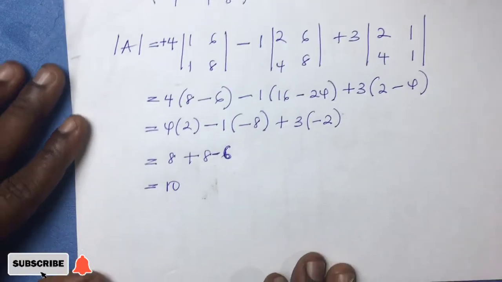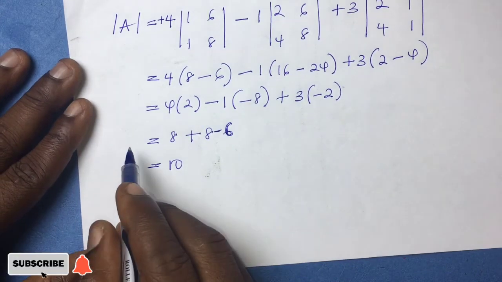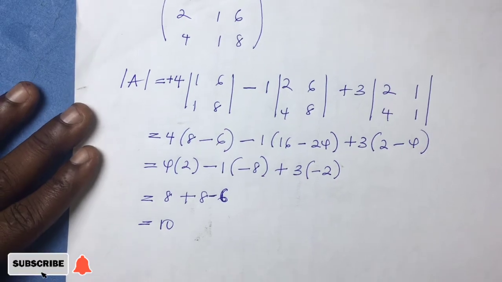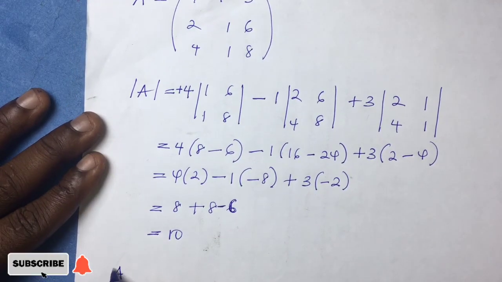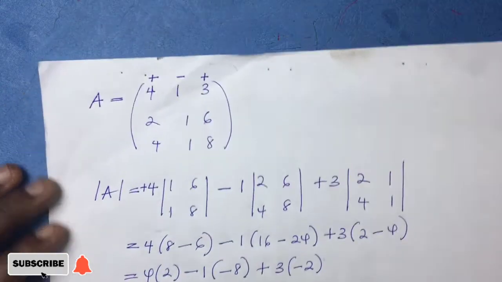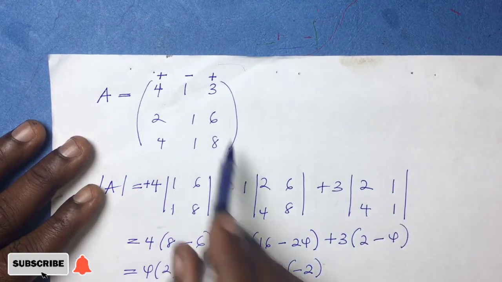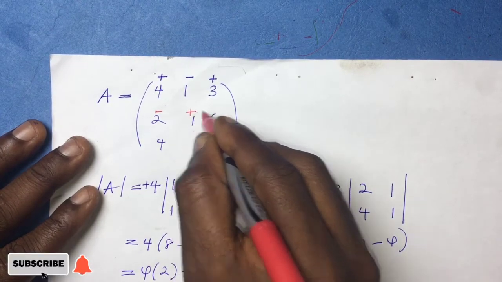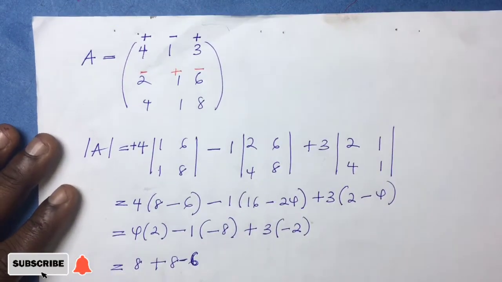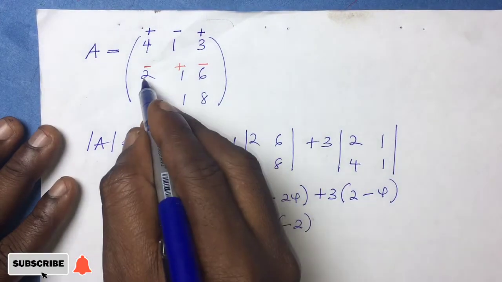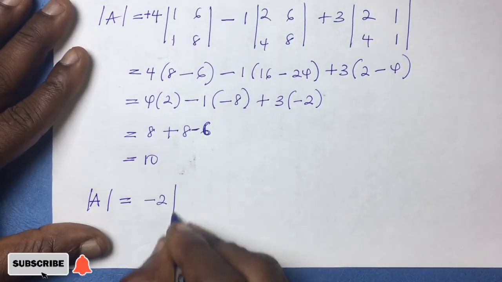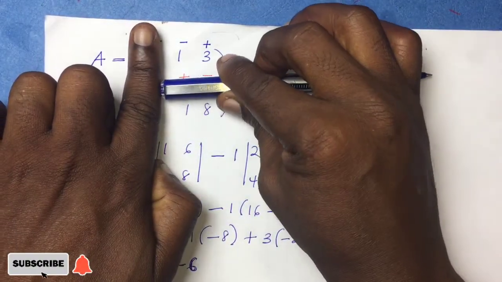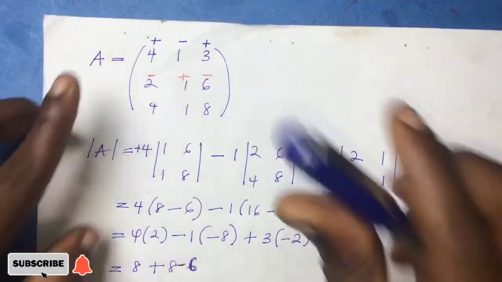Now, if you were to obtain this determinant along the second row, let's assume we wanted it along the second row. What are the second row elements? 2, 1, 6. Note that the signs along the second row are minus, plus, and minus. So I'll bring the first one, minus 2, here and take its minor, which is the determinant of 1, 3, 1, 8.